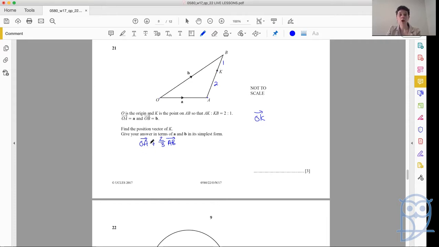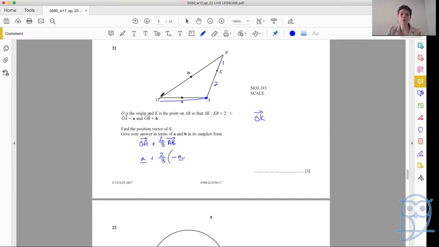So that's great. OA, we know. That is little a. Plus 2/3, but we don't know vector AB. But we can get there. How would we walk from A to B along our little ABs? Well, from A, we could go back to O, so that would be minus a.